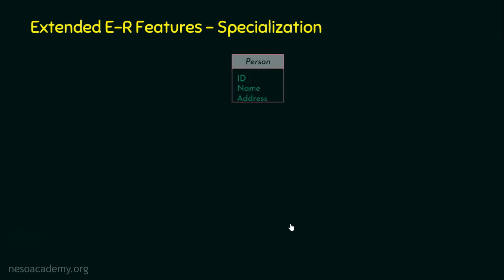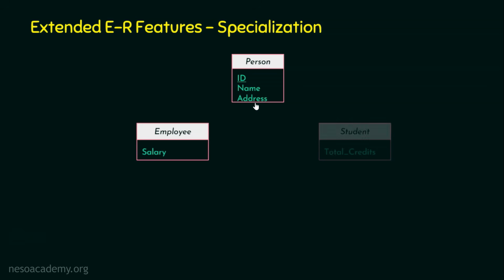We know the higher level entity is person. The person entity is described by attributes such as person ID, name, and address. This can be broken into sub-entities like employee and student. A student is also a person, an employee is also a person. However, employee will also have ID, name, and address.